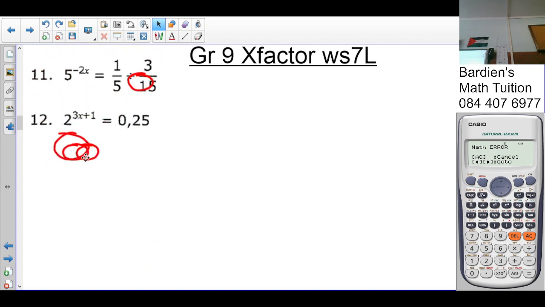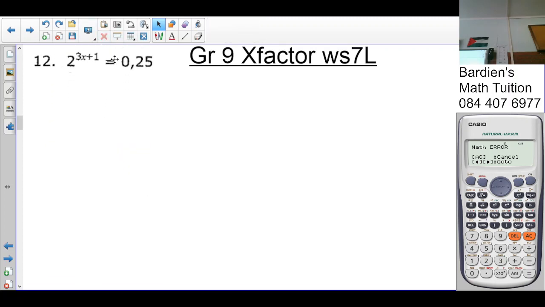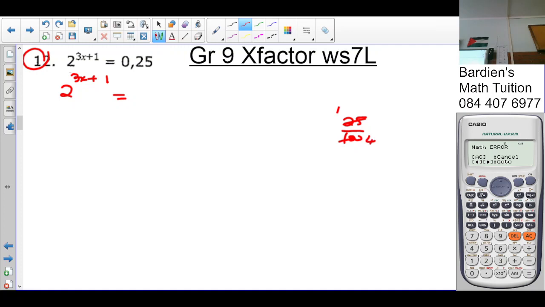For those of you who are complaining about the decimals, this is how it works. Number 12. You see 2 to the 3x plus 1 equals 0.25. Now 0.25 can be written as 25 over 100, and 25 goes into it once, so that is a quarter.